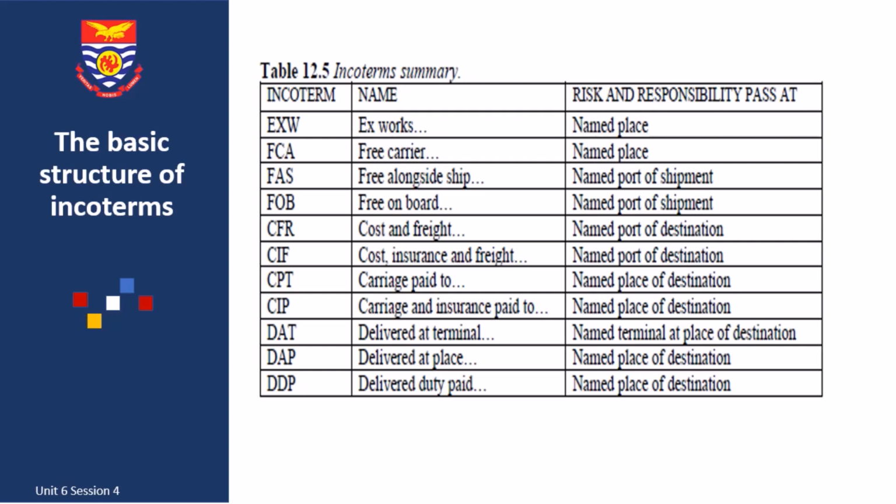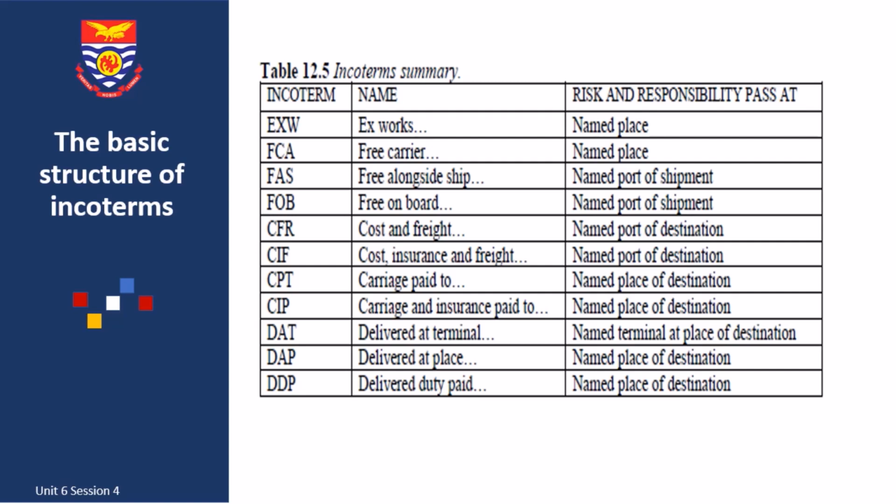Another F term is the FAS, free alongside ship. This FAS, the free alongside ship, is similar to the free carrier, the FCA. But this FAS can only be used for sea or inland waterway traffic. Remember we said the FCA, the free carrier, is applicable to all modes of transport.